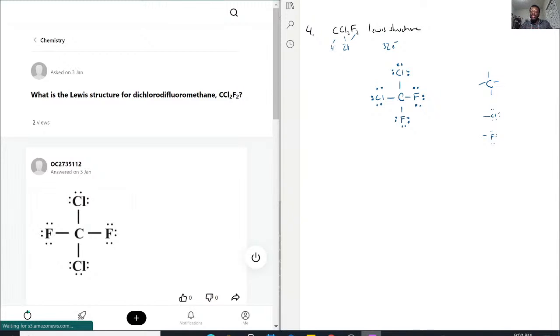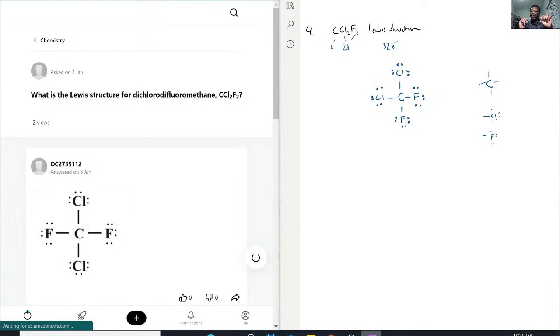And now for the last 2 checks, if they check the Octet Rule, and also we have actually 32 electrons. So the Octet Rule, as you can see here, it's good to go. Carbon and the chlorines and the fluorines are satisfied. Now in regards to the electrons, we have 4 bonds, so that's 8 electrons.